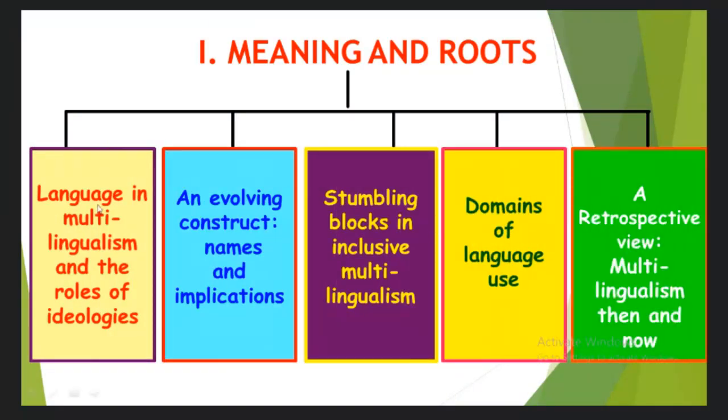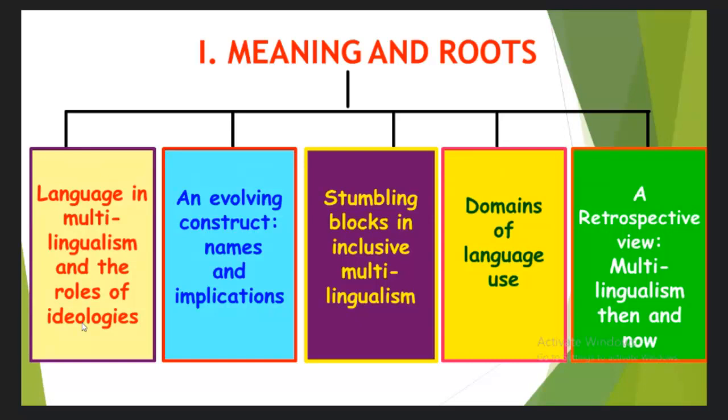The first one is the language in multilingualism and the roles of ideologies in understanding what multilingualism is. The second one, I want to discuss the names and implications underlying the names of multilingualism.